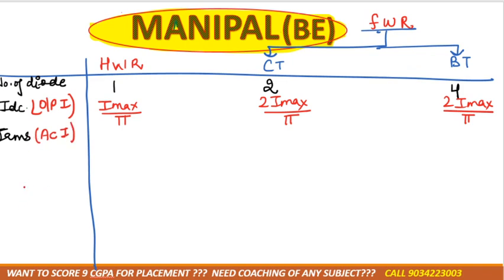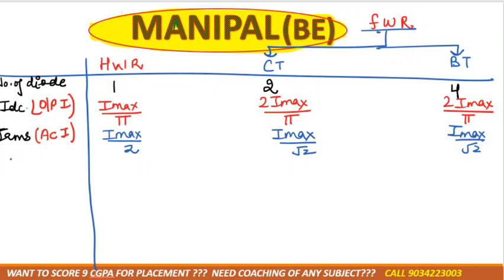Or they can ask you directly like input current, average value of AC current. Okay, IRMS. So we have a formula for that. For half wave rectifier it is I max by 2, and for the full wave rectifier it is I max by root 2. So in BEE you have studied this formula, I max by root 2. Right?